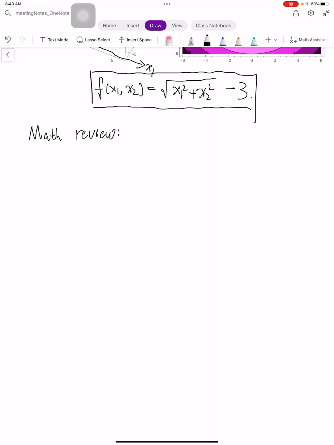So first, we denote a vector usually by x, which has several components, like the feature vectors. For example, x1 could be age, x2 could be income.